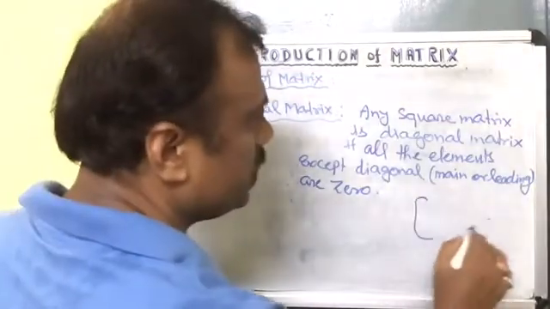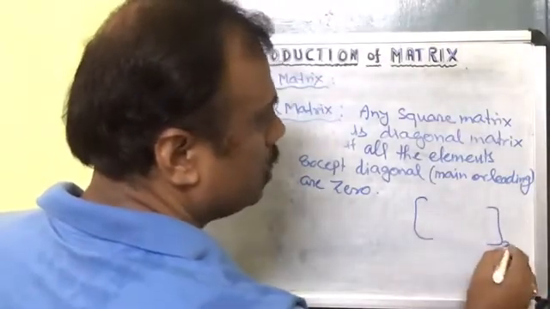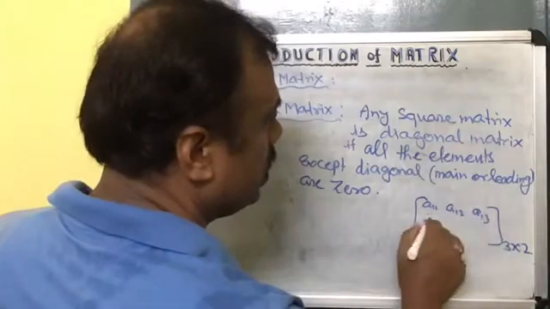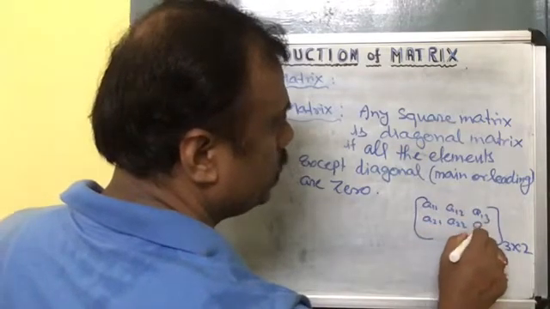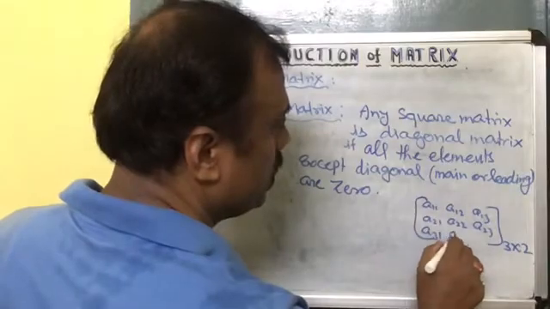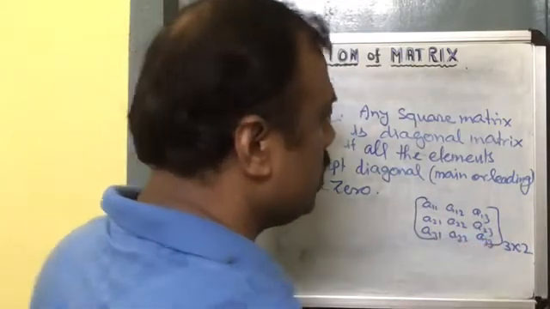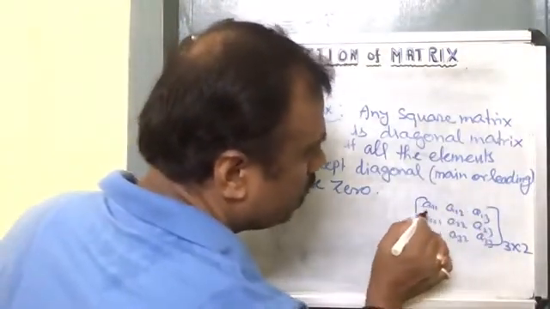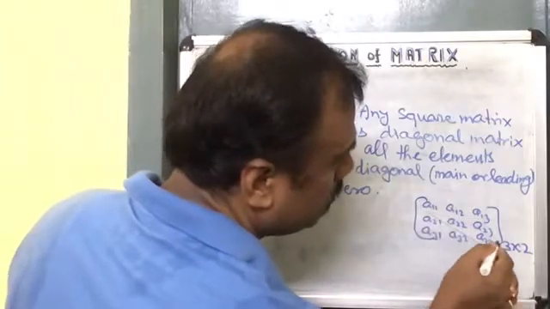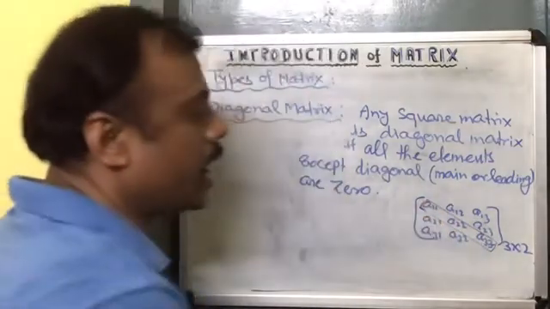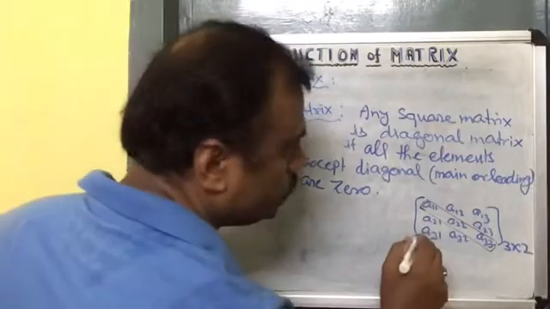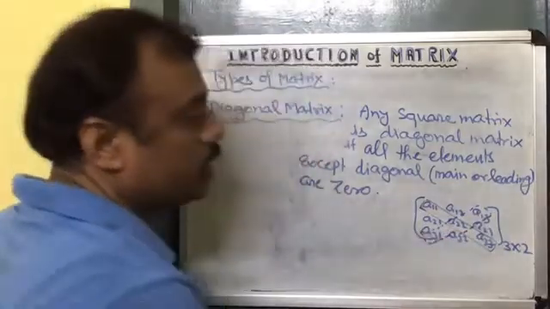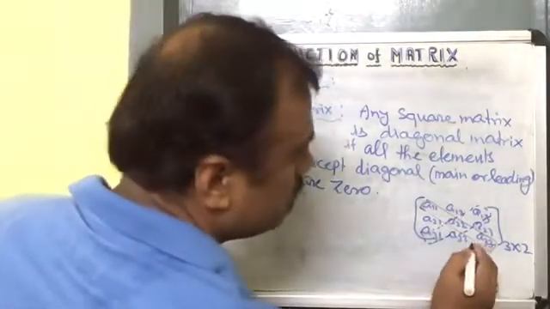Before this, we must know what the leading diagonal is. Suppose in the case of any square matrix, I am taking this 3 by 3: A11, A12, A13, A21, A22, A23, A31, A32, and A33. Here two diagonals actually exist. One is this, and another is this. But we are concerned only with this one.